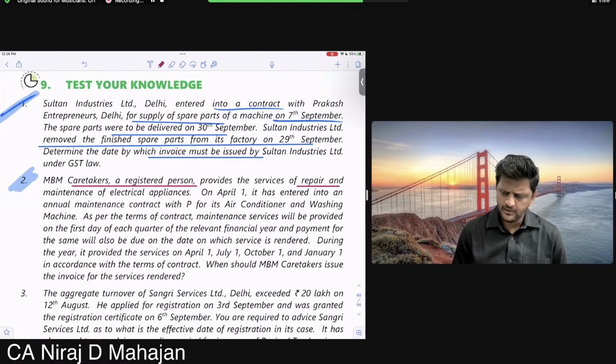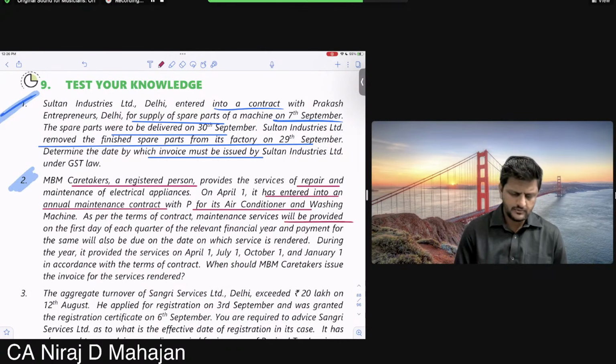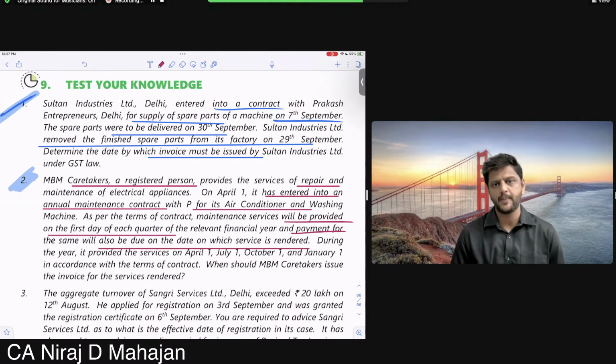On 1st April, it has entered into an AMC, annual maintenance contract, with P for its AC and washing machine. As per the terms of the contract, maintenance services will be provided on the first day of each quarter, and payment for the same will also be due on the date on which service is given.